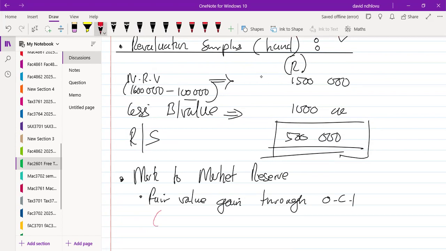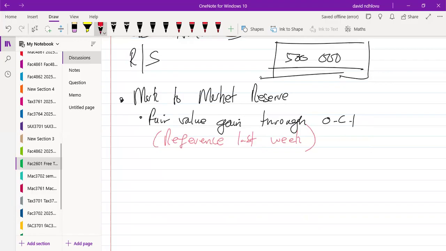Reference last week's session. It's a long explanation. We will not finish the question if we start with this one. So what you will do is go back and visit last week's session. I explained this. If you don't have last week's session, I will share it in the evening today so that you can go through that, and then you can look at the fair value gain through profit and loss. We don't have it in this particular question.